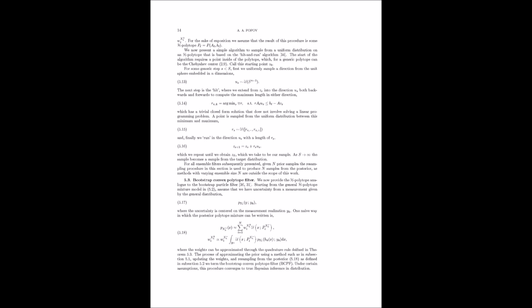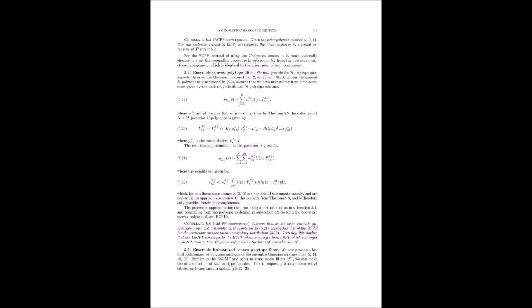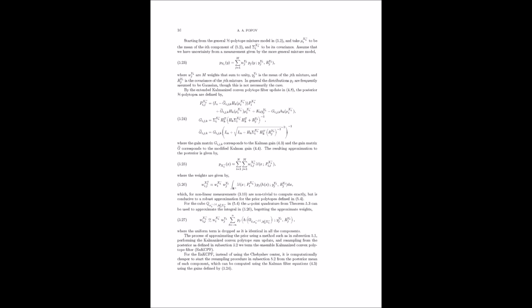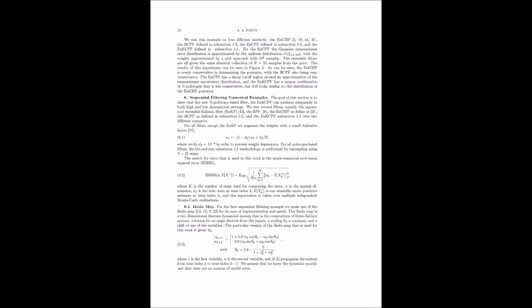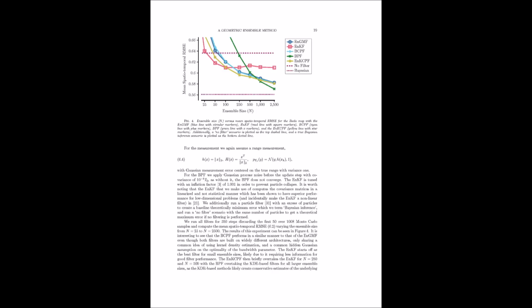Now this paper chooses to focus on H polytopes exclusively, and they say it's because it's easier to add hyperplane constraints. So in the context of Bayesian inference, why is that such a big deal? The idea is that in Bayesian inference, you have some initial guess as to what the state of the system might be. And then you're given some data, some measurement, and that constrains the possibilities.